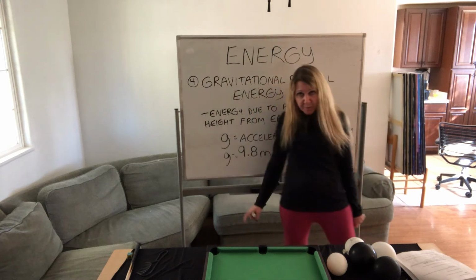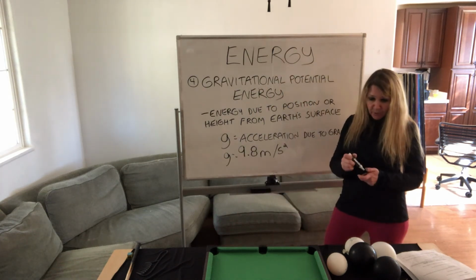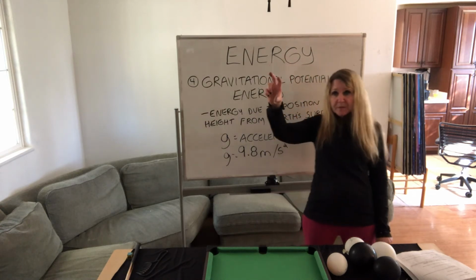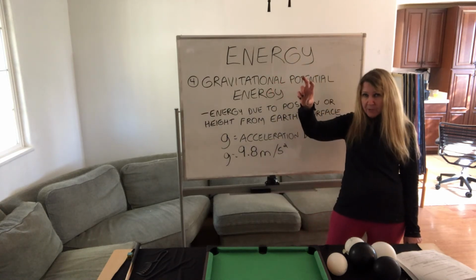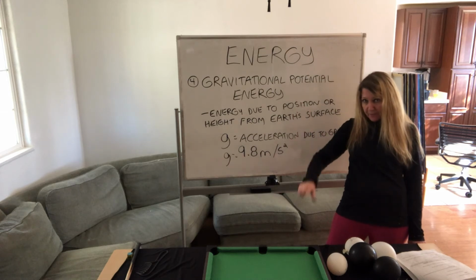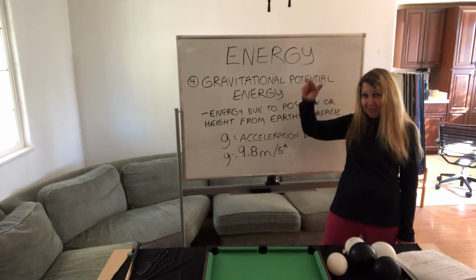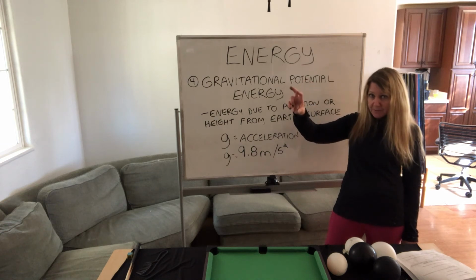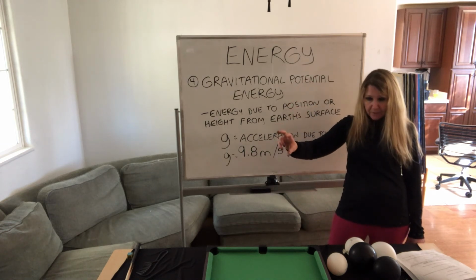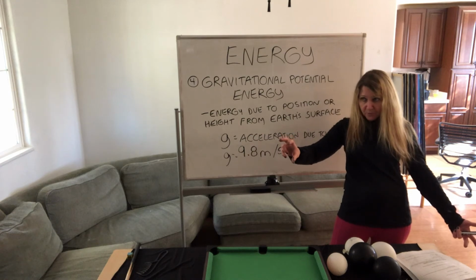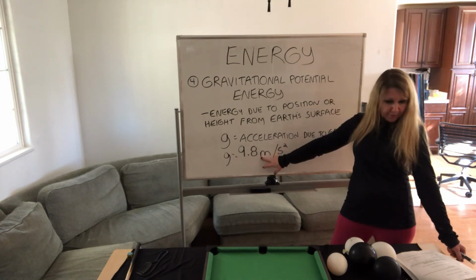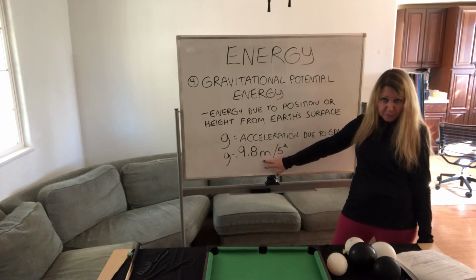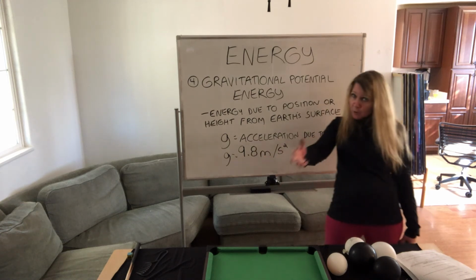This is why it's per second squared, because if it were just per second, that would be the distance the object would travel per second. But it speeds up. So the first second is 9.8, the second is going to be 9.8 times 2. So the acceleration of gravity on Earth is 9.8 meters per second squared. On the moon, it's different.